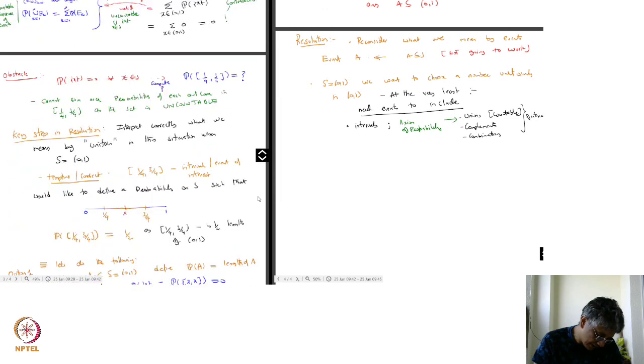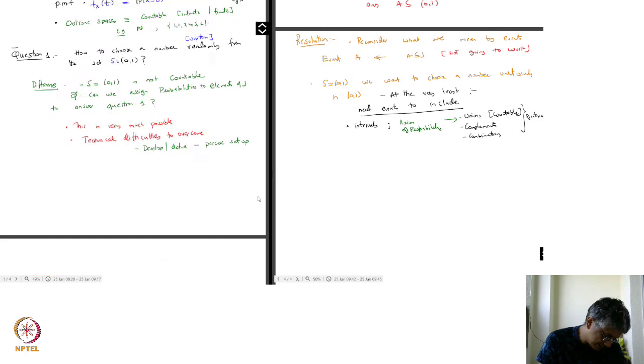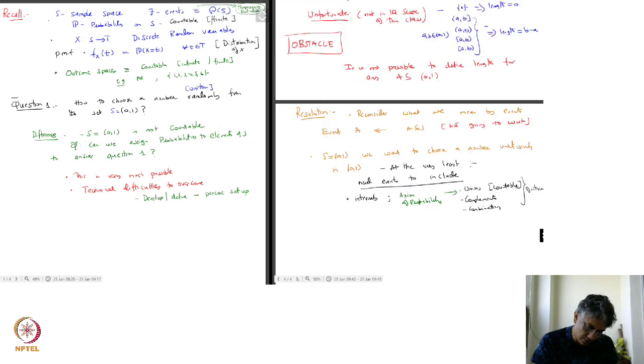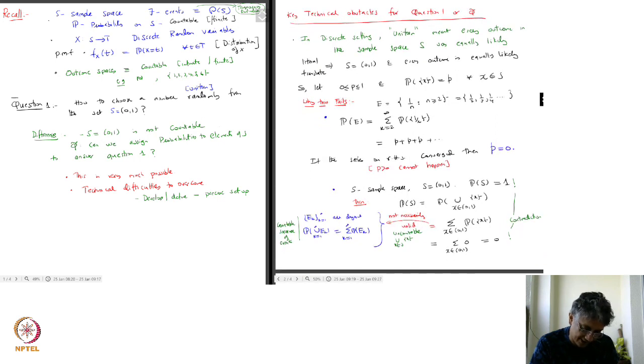I'm not giving up on my goal. I started off with the goal of trying to choose a number uniformly in [0, 1], and I want to keep that goal. I understood the first key technical obstacle, that every singleton point has to have probability 0. Otherwise my probability axioms will give me a contradiction immediately.